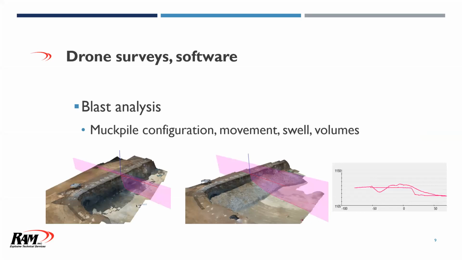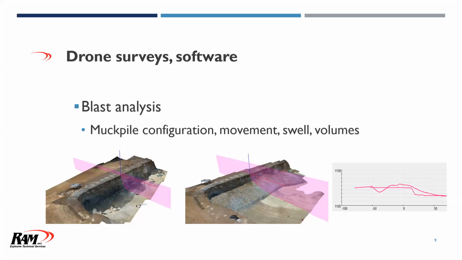And you can see on the lower left, the pre-blast, and then there in the center, post-blast. And on the right, you can see how we can overlay the cross-sectional profiles on top of each other, so you can see pre and post in there, so we can get an idea of what that power trough looks like. We can also see how far that material is moved out.